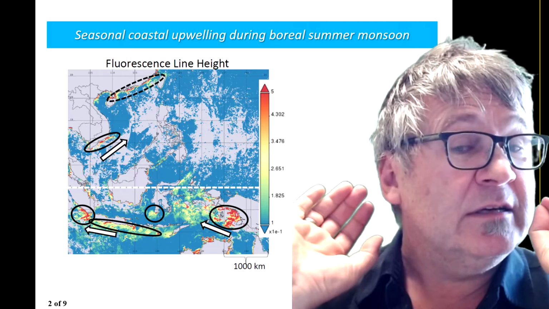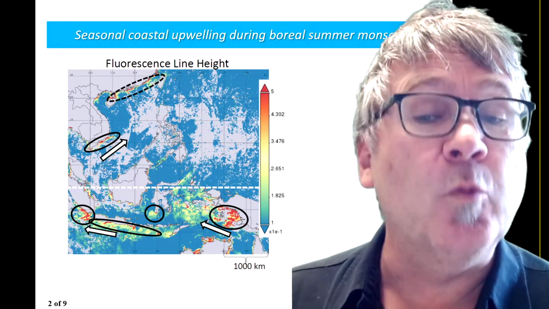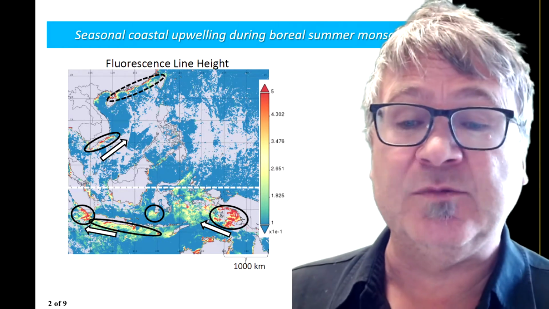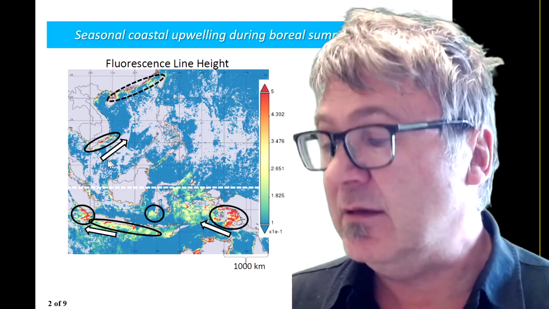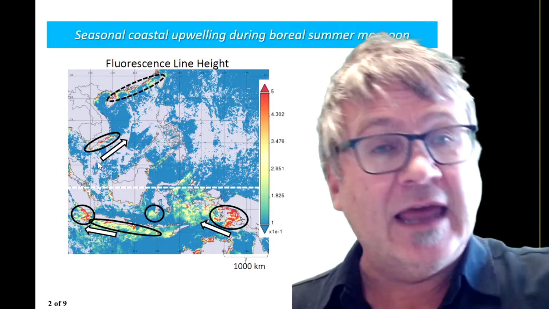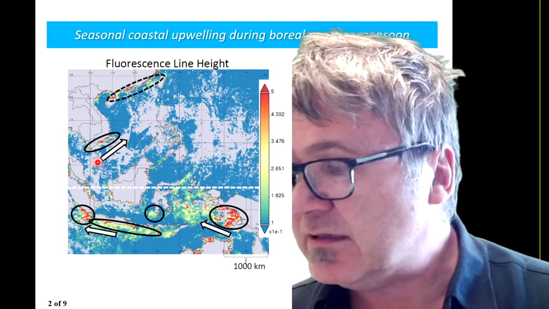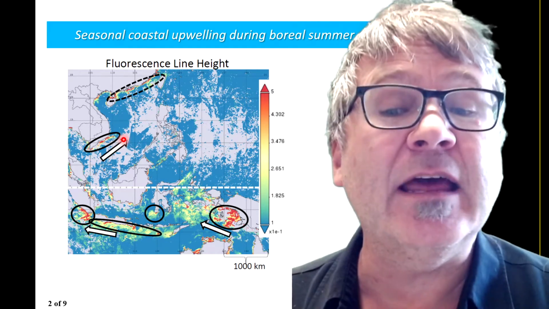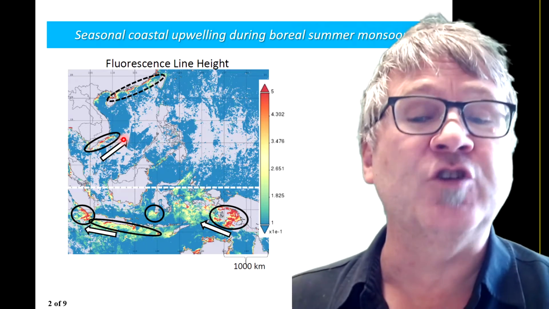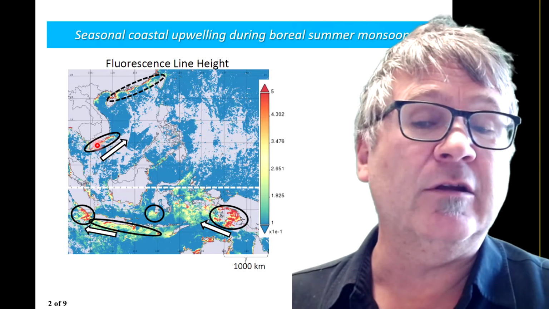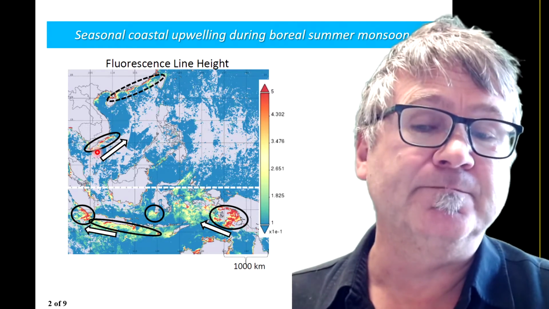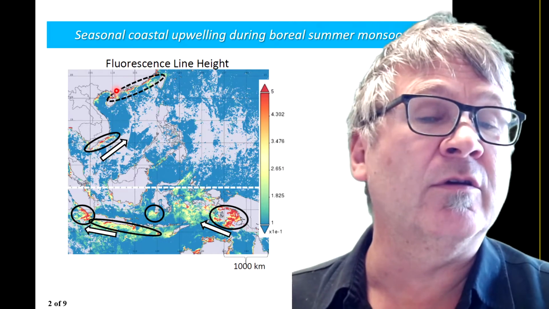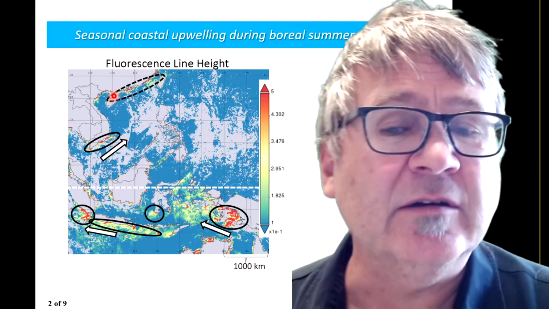Okay, so this is the summer monsoon, and the wind directions are shown here by these white arrows. Let me activate the laser. This is the laser. Wind directions. Okay, northern hemisphere, you would expect an offshore Ekman transport here along the coast of Vietnam and along the coast of China.